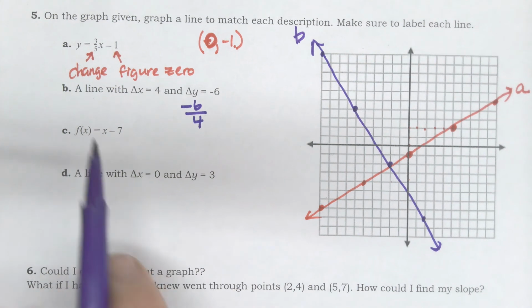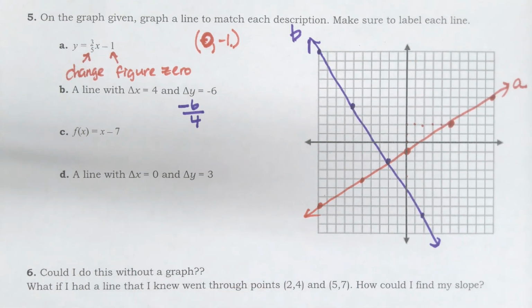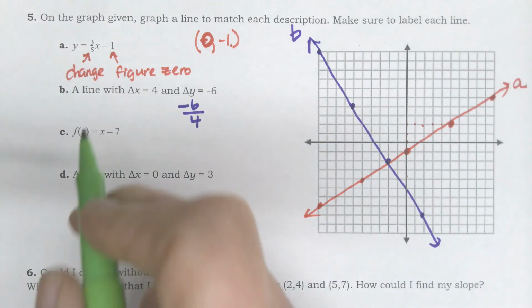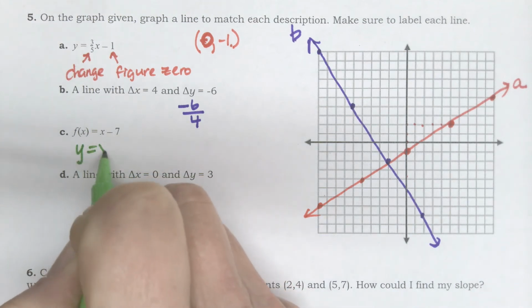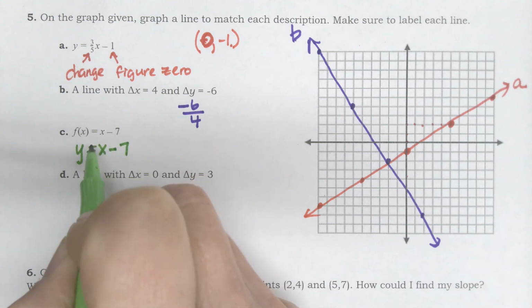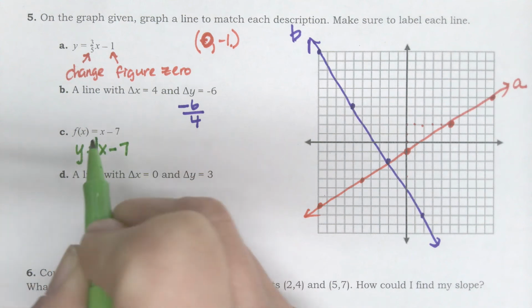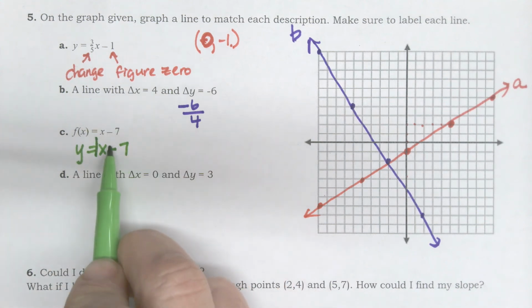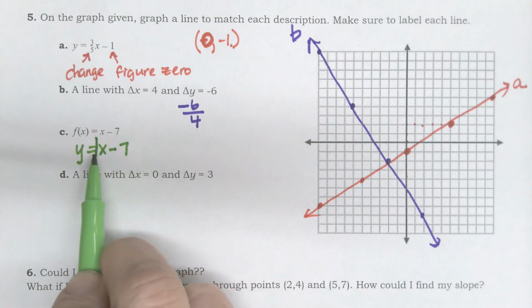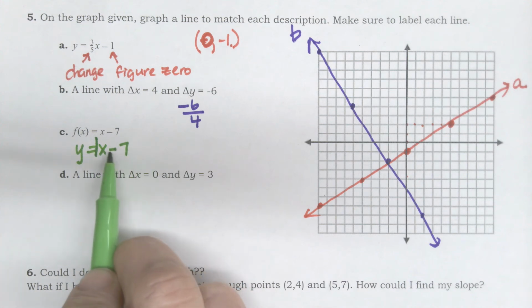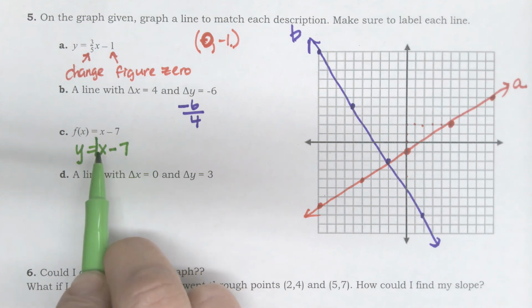Now C, that one doesn't have y equals, but instead it has f of x equals. But we learned in last chapter that basically that just means y. And so when I think about my start and my change, where do I start? What's figure 0? How do I change?